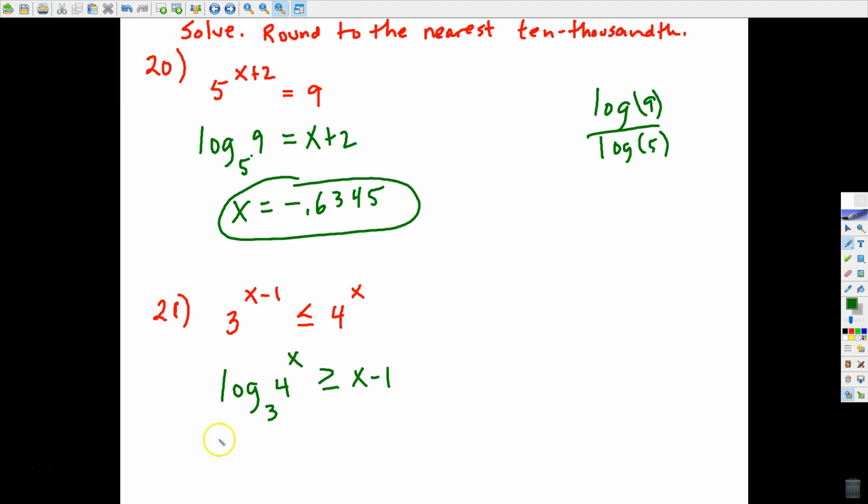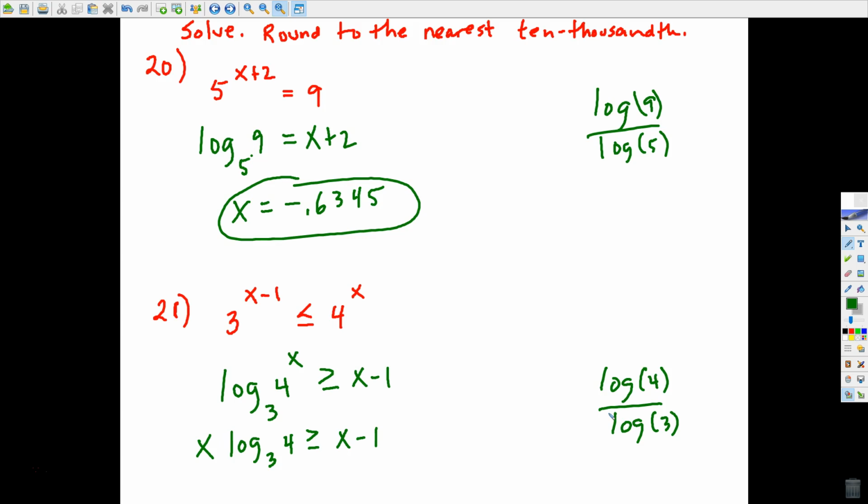Okay, so I'm going to use this power property, which says that I can bring this exponent down and use it as a multiplier. And now I'm going to use this change of base property again, which says log 4 divided by log 3.